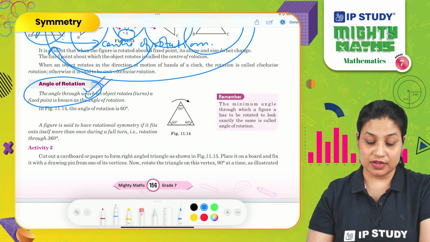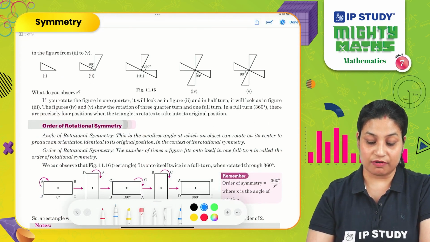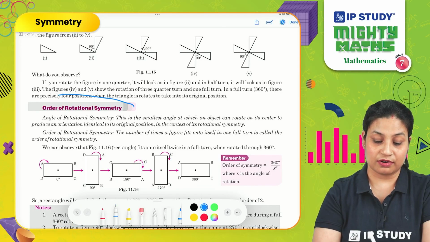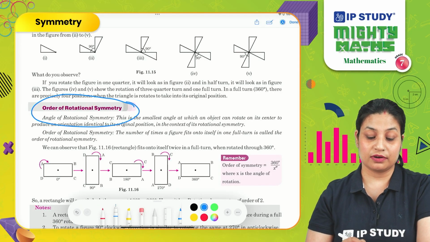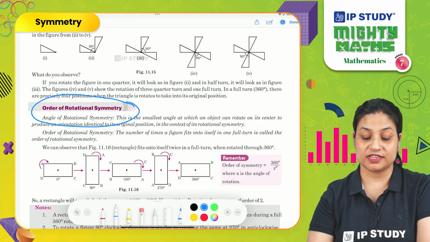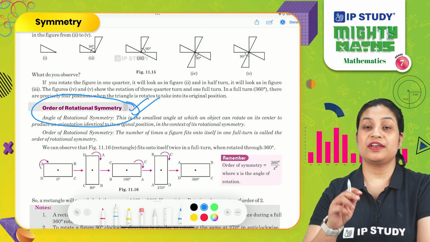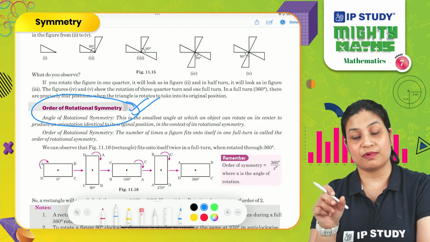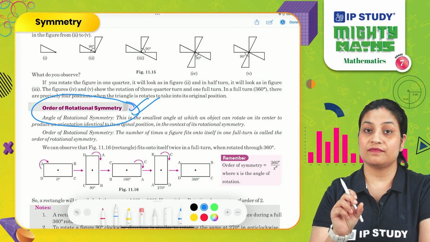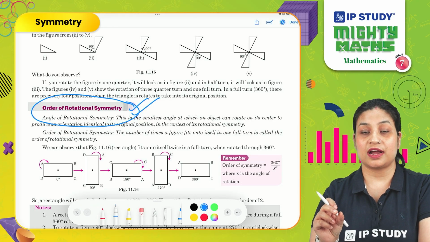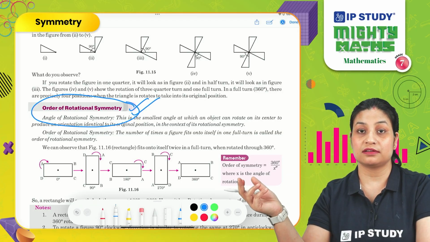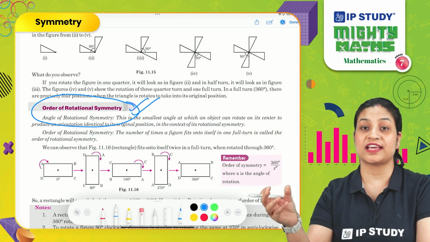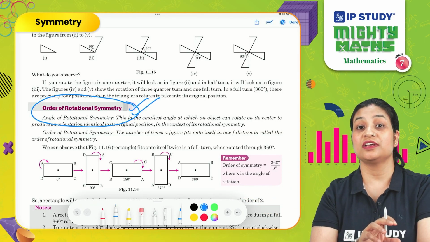Okay. Next term is order of rotation. Order of rotation of any object. Okay. Order of rotational symmetry. So what does it mean? When you are rotating an object about its center of rotation with some angle, you have to note down after how many times that object looks exactly the same as its original position.